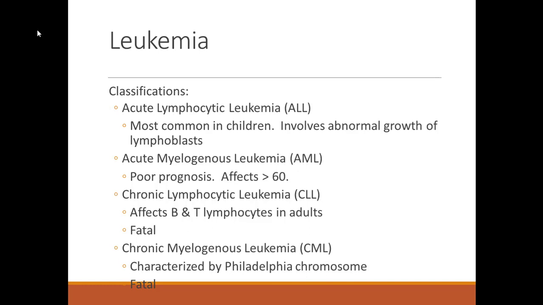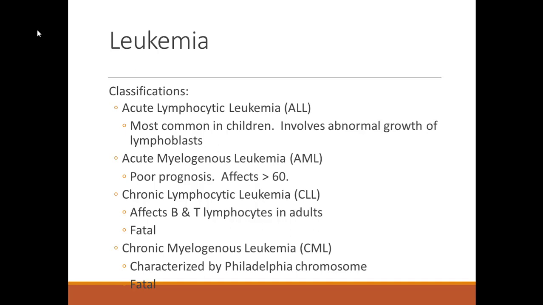All right, so there are four types of leukemia that I want you guys to know. The first one, acute lymphocytic leukemia, ALL. This is the most common in children.